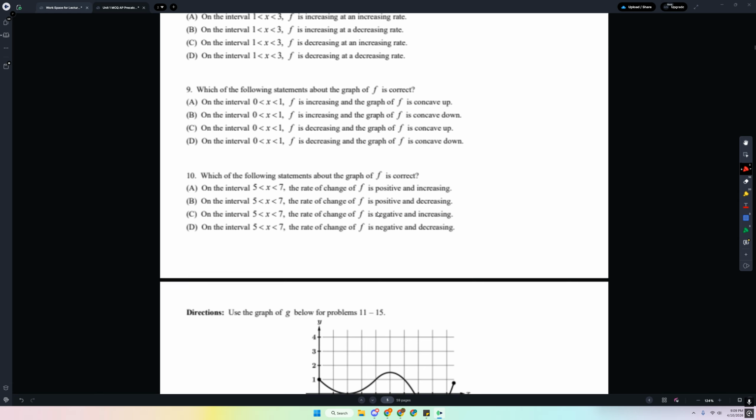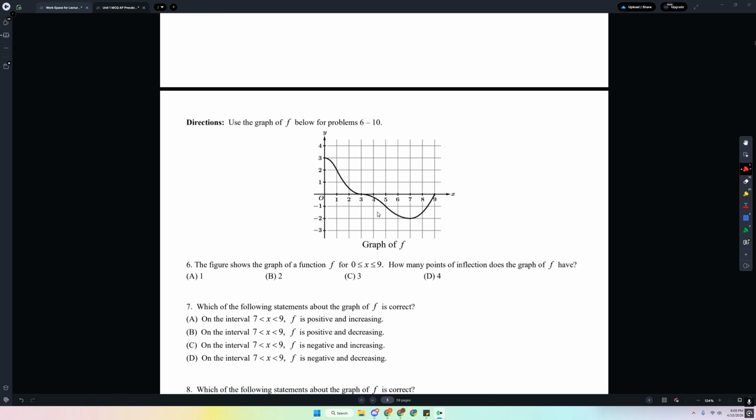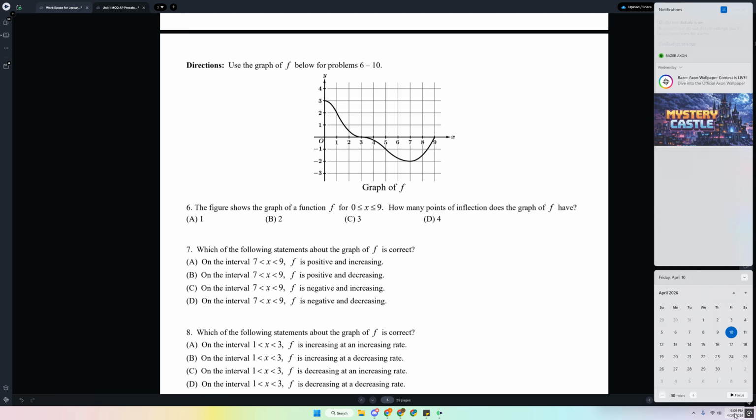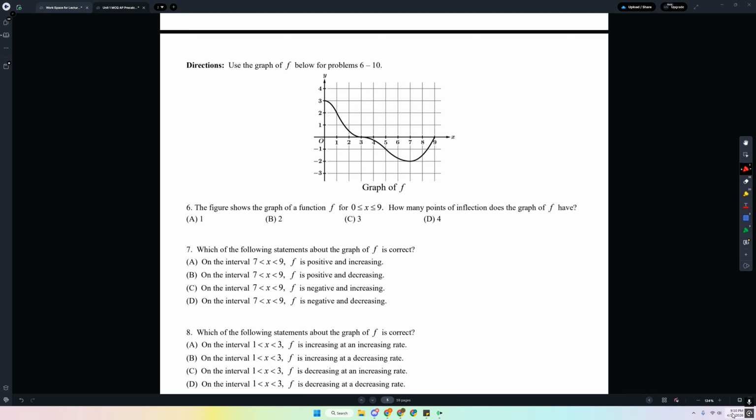Okay, now we will do 6 through 10, this entire set. So we'll do 6 through 8 first. I will give until 9:13, because there's not much math in this.